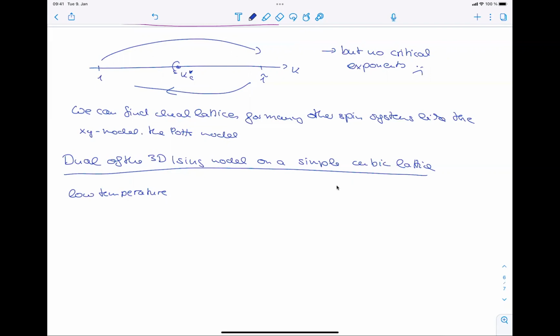So low temperature series expansion, again, we're flipping spins. But now if I flip a spin in 3D, I need to consider this whole box of bonds that I break. And similarly, if I flip two neighboring spins, I have to consider these adjacent boxes and how many bonds they're breaking. And so if I enumerate that, then I find the following expansion.